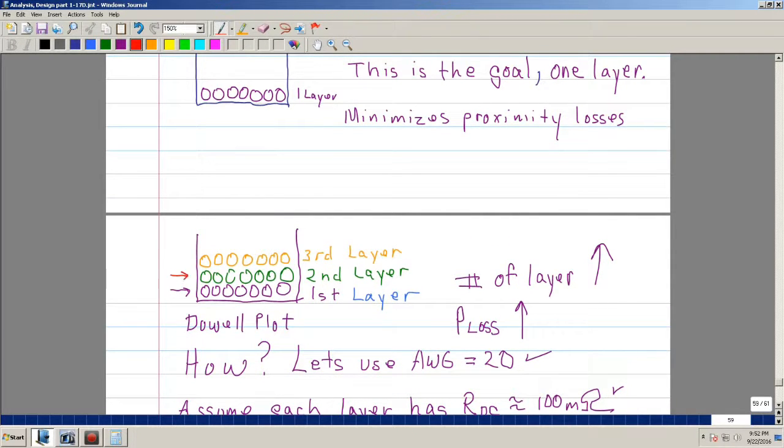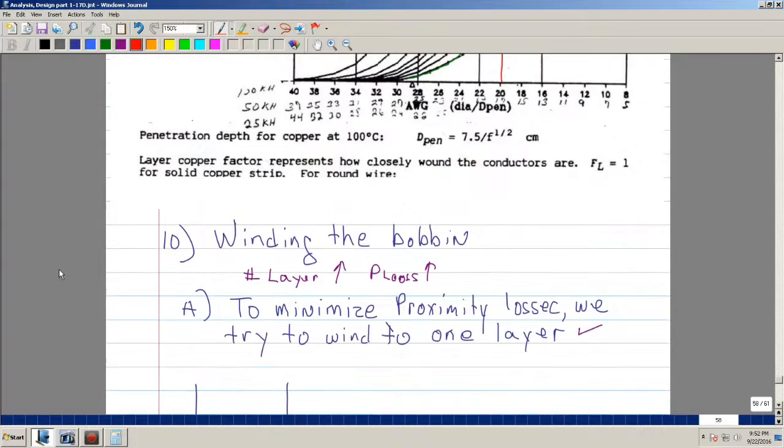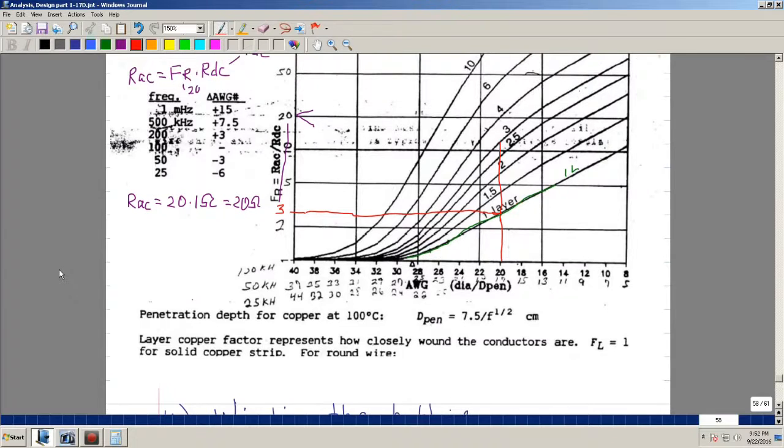Here's the second layer. So you come up here again, and now we're going to look at layer number 2. Notice this is layer number 3, no, 2.